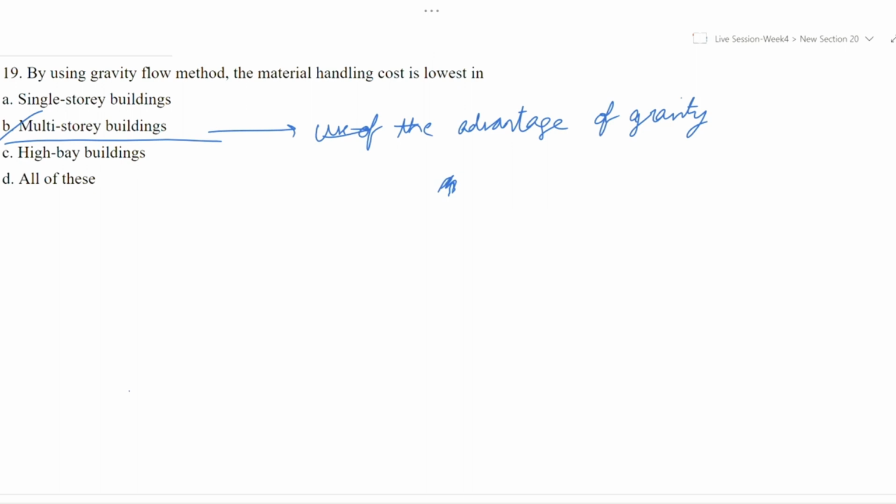Like in multi-story building, we have only one foundation. Then the different floors will be housing the different machines, and these floors are not considered to be as strong as the ground floor. Only the ground floor can accommodate the heavy machines with regard to the load bearing capacity. So the ground floor will be offering much better load bearing capacity as compared to the floors at the higher level. That is why the floor load bearing capacity and the construction cost is also very high.